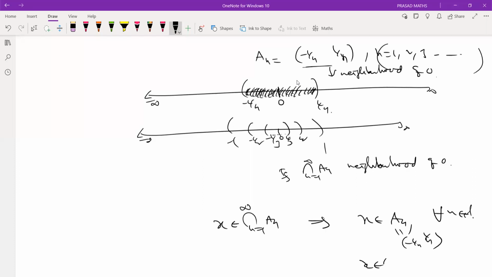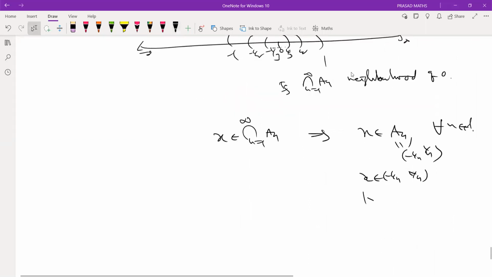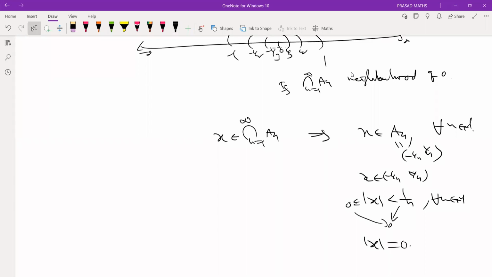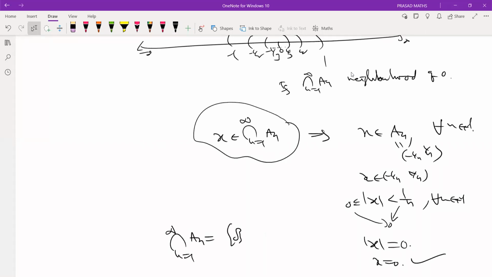Therefore x should be in (-1/n, 1/n), so |x| is less than 1/n for every n. |x| is always non-negative. Letting n tend to infinity, by the sandwich theorem, this tends to 0. |x| is a constant, and the limit of a constant is the constant. Therefore |x| equals 0, and |x| is 0 if and only if x is 0. Therefore any point in the intersection must be 0, so the intersection is the singleton {0}.